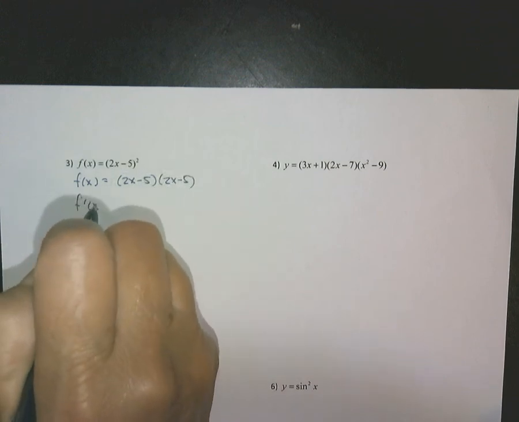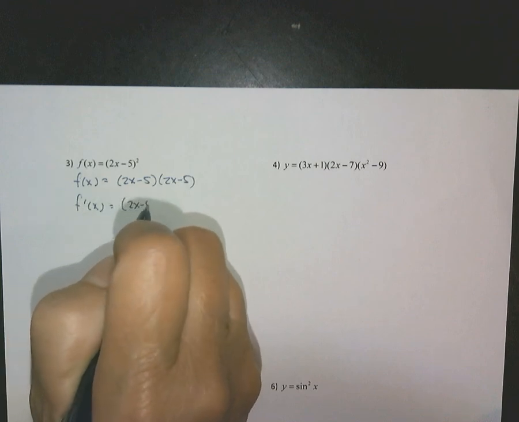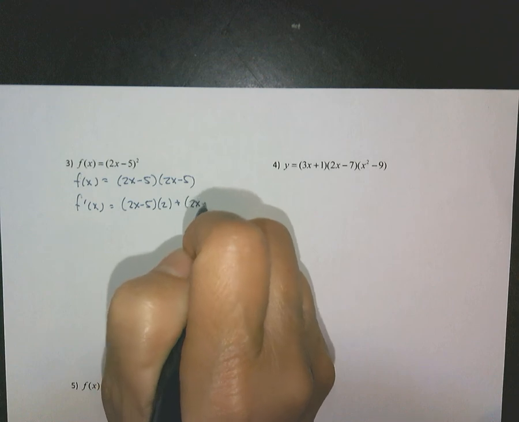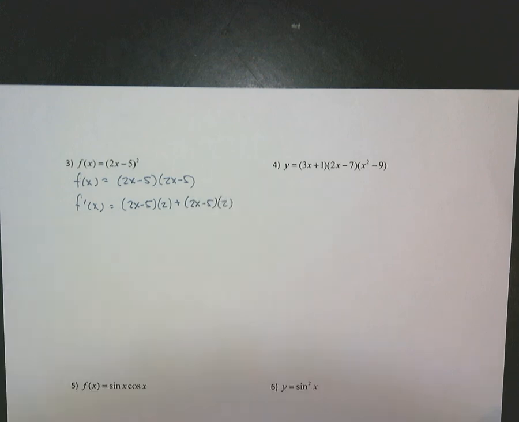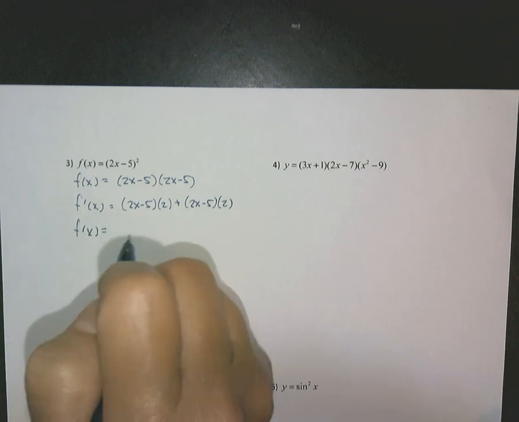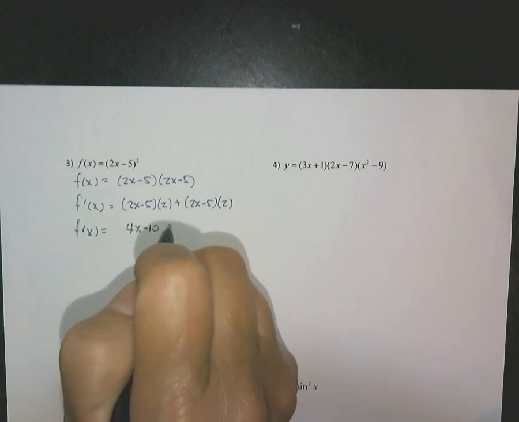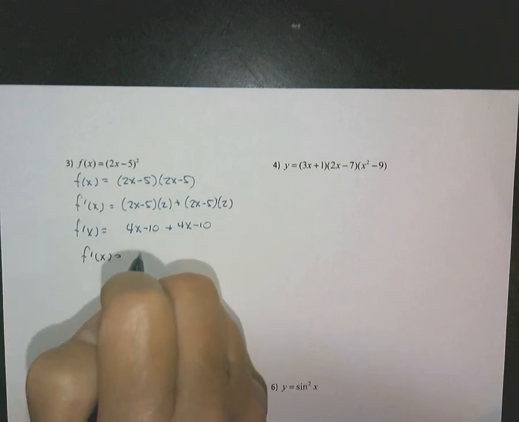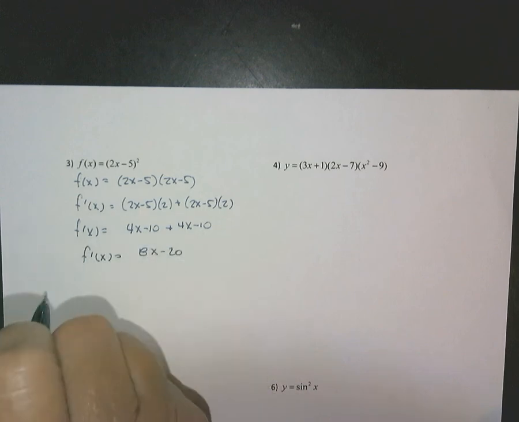So the derivative is going to be the first multiplied by the derivative of the second plus the second multiplied by the derivative of the first. Clean it up. 4x minus 10 plus 4x minus 10, 8x minus 20.